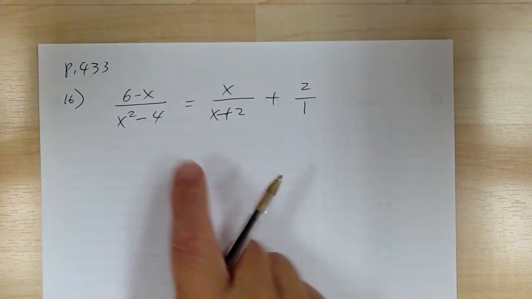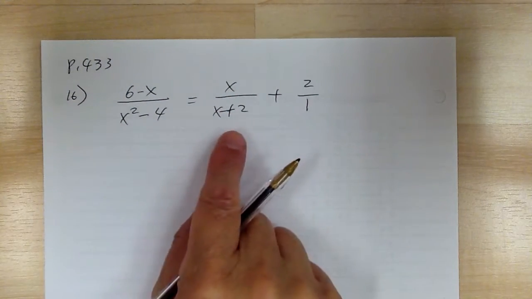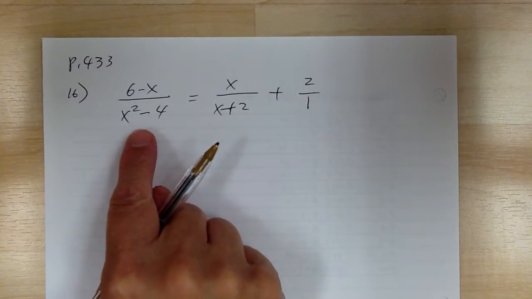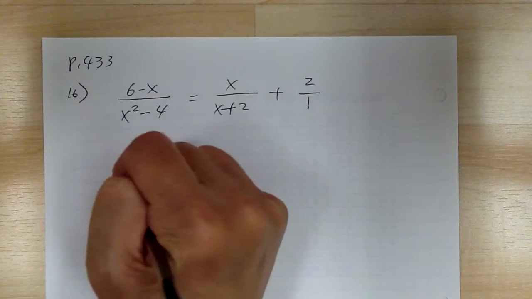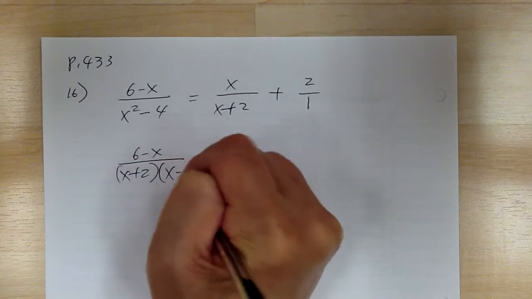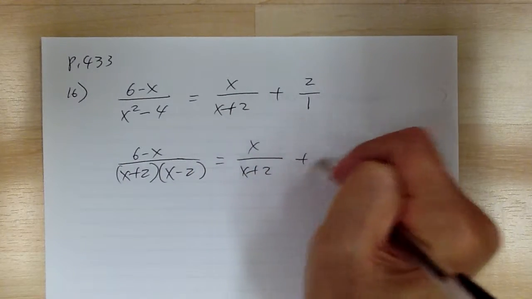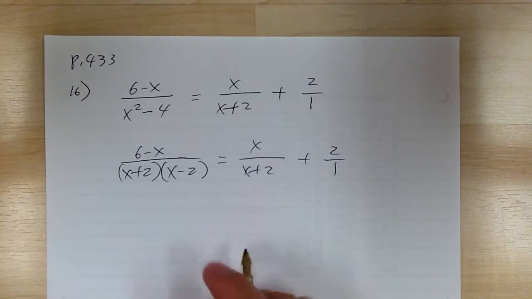So when you see addition or subtraction, those are terms. So you make sure everything is factored first before you get your LCD. So this one you have to factor. So you get 6 minus x over x plus 2, x minus 2 equal to x over x plus 2 plus 2 over 1. So from here, your LCD is x plus 2, x minus 2.